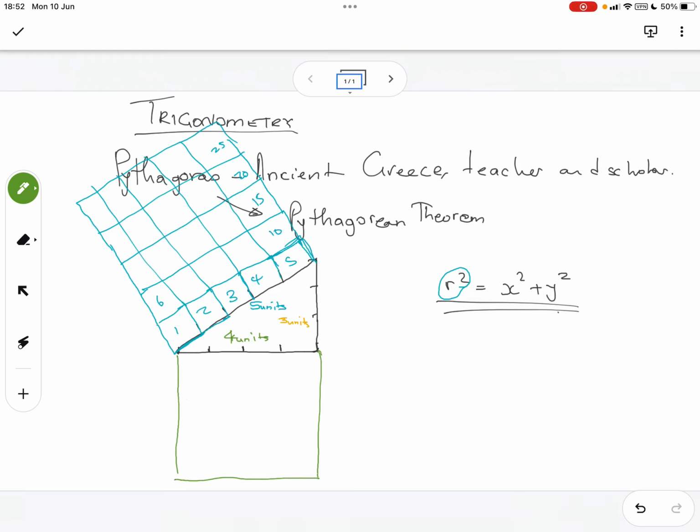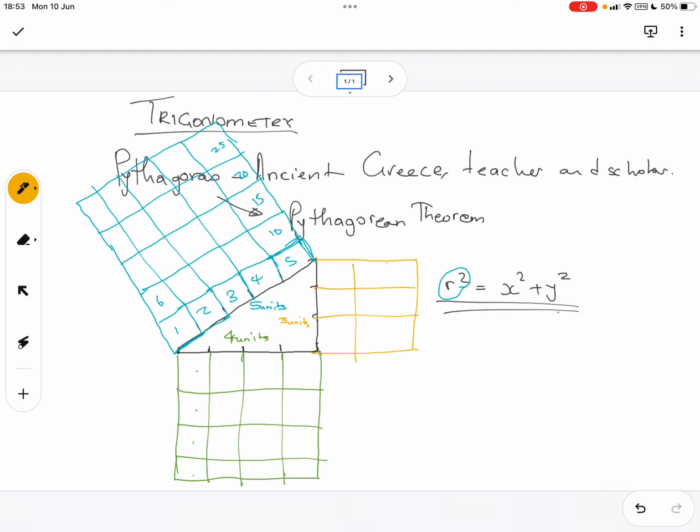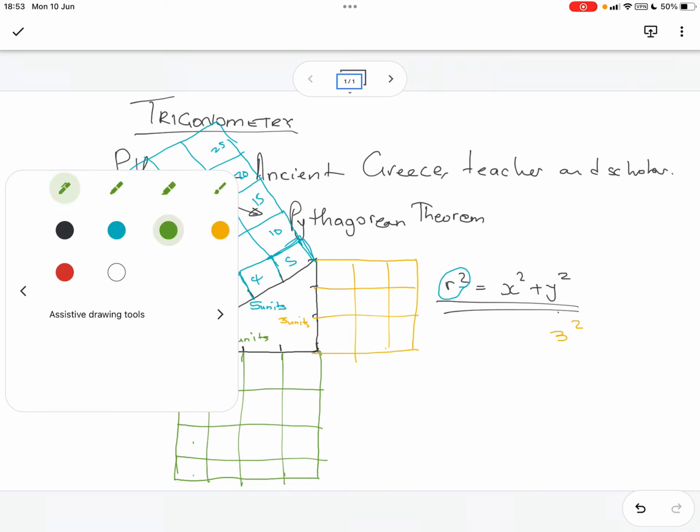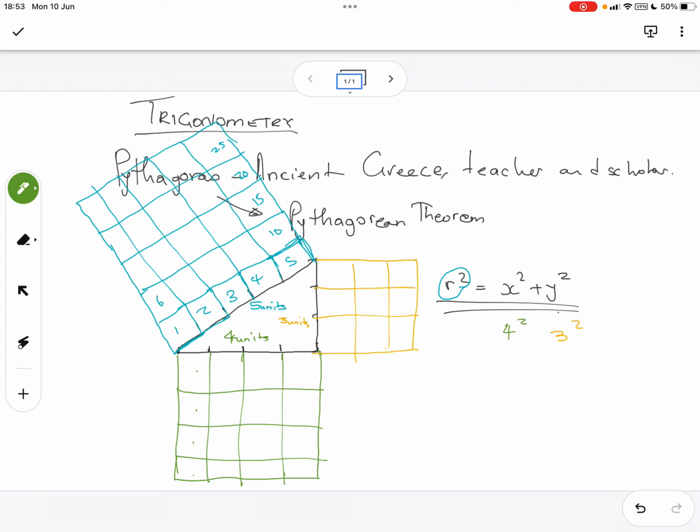So that means that length squared goes all the way from 1 to 25. The green side would be 16. And the yellow side would be 9.